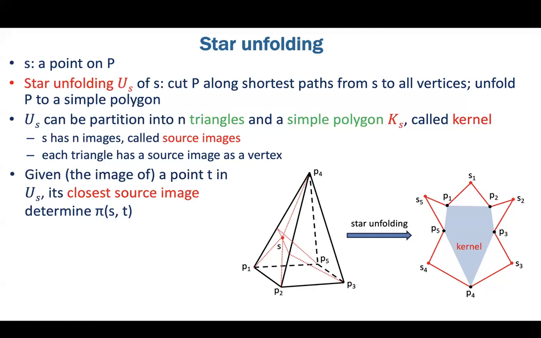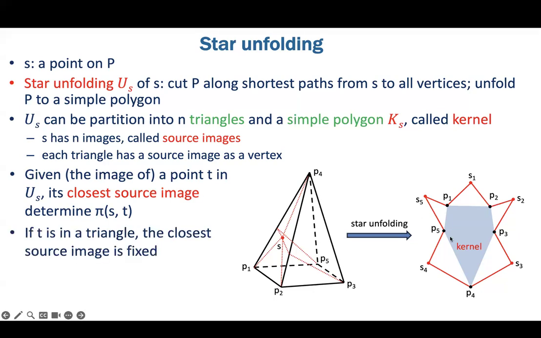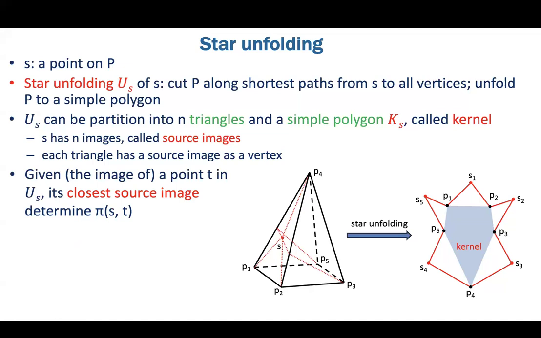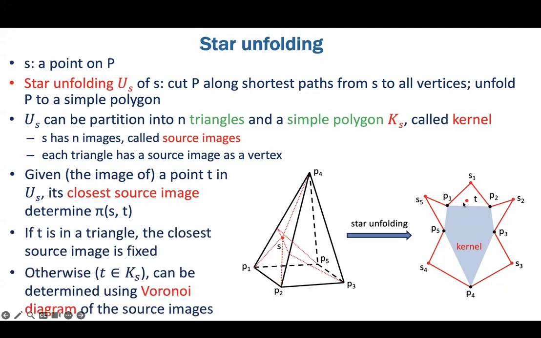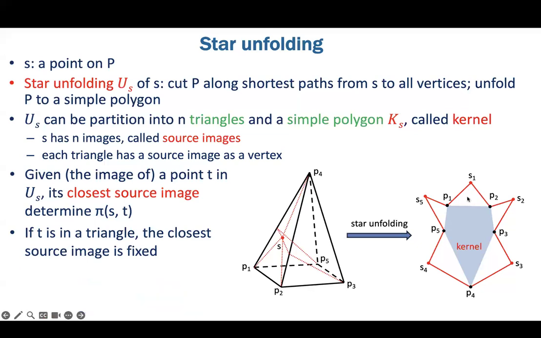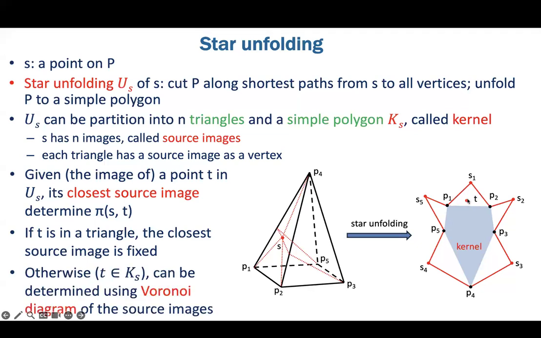Given a query point T in the star unfolding, its closest source image determines the shortest path. If T is in a triangle like here, then this case is easy: the closest source is just S1.